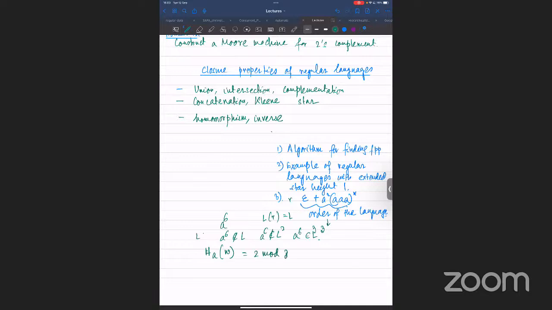And why is this 2 mod 3 important? Because it is A squared, A cubed star. Okay. Right? Yeah.